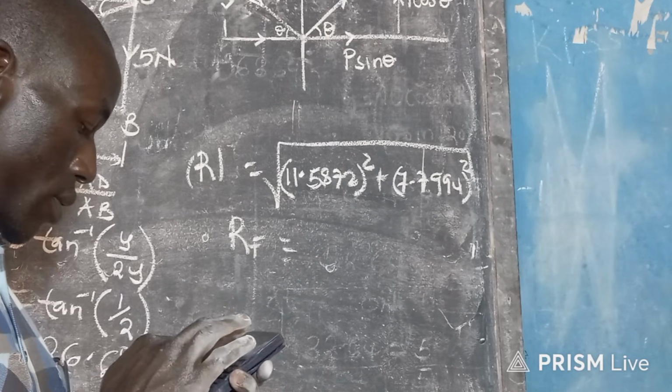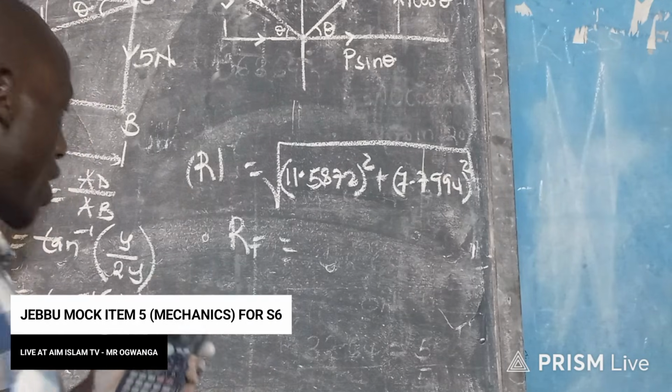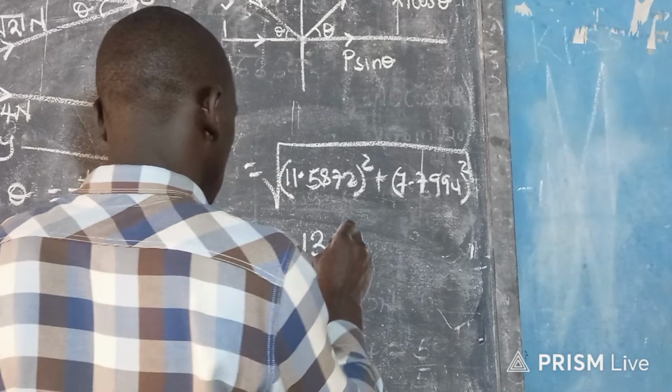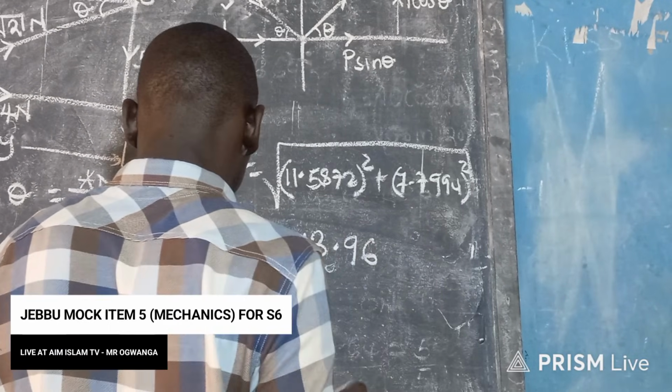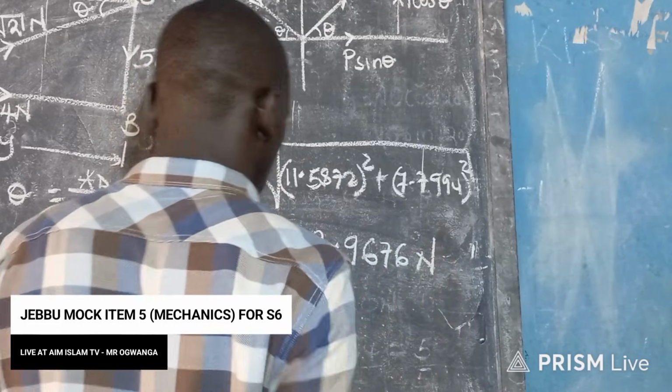Then if I get the square root of the answer, you find that we are having 13.9676 Newtons.